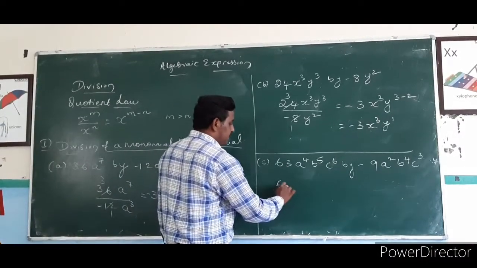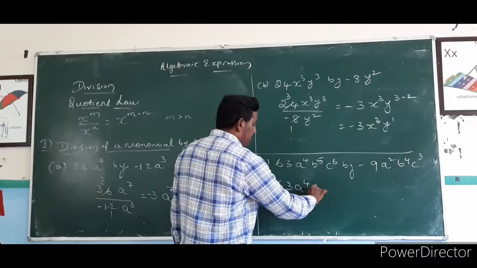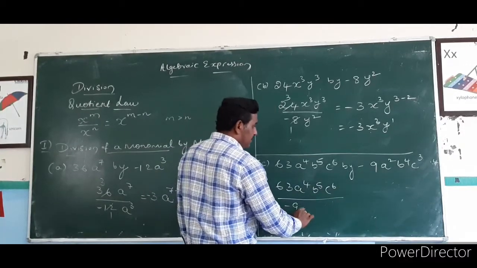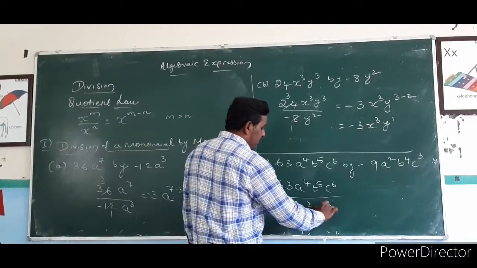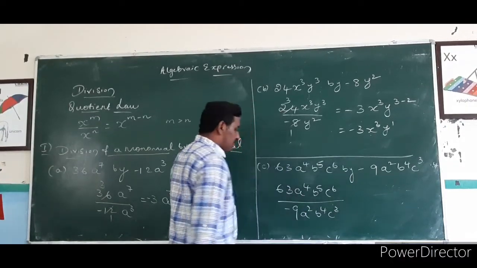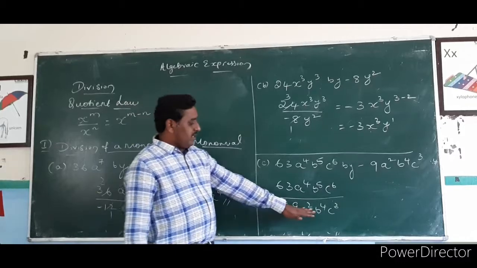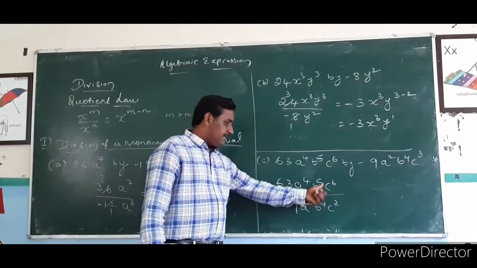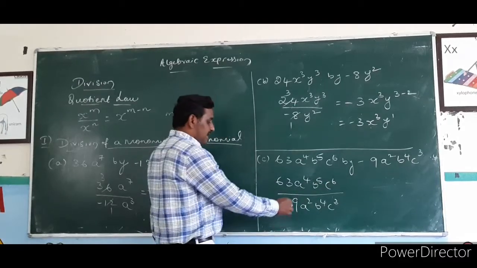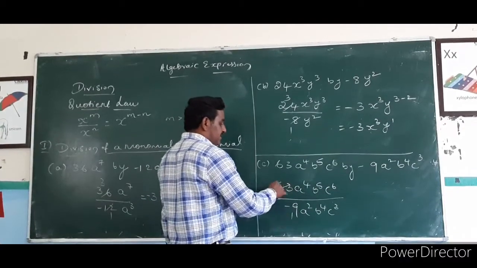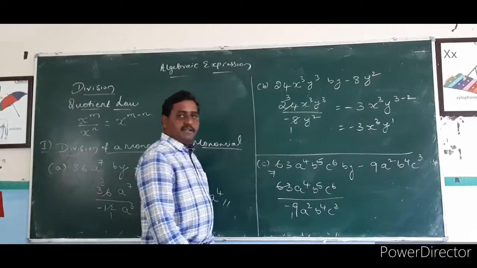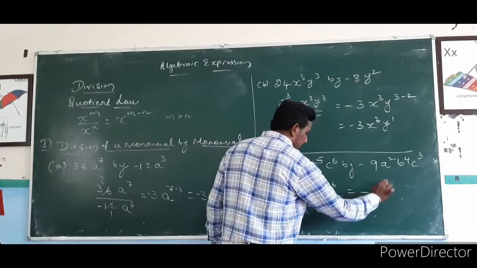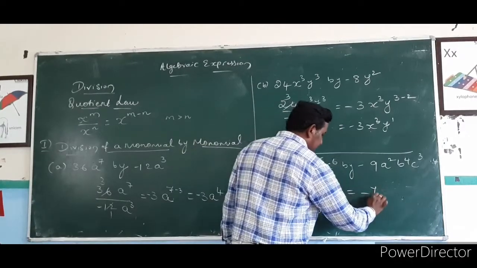And the next question: 63 a to the power of 4 b to the power of 5 c to the power of 6 divided by minus 9 a square b to the power of 4 c to the power of 3. If it is not in order, you can arrange it in order like a, b, c. Now you can easily cancel: 9 ones are 9, 9 sevens are 63. A minus sign is there, so you put minus 7.